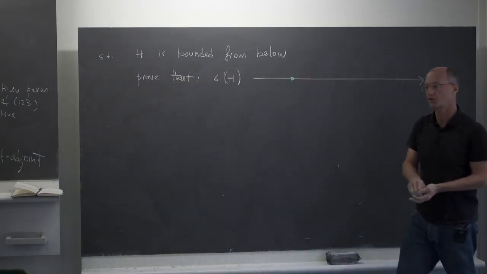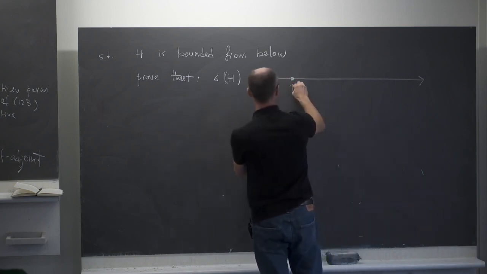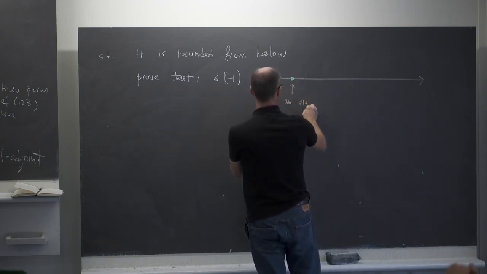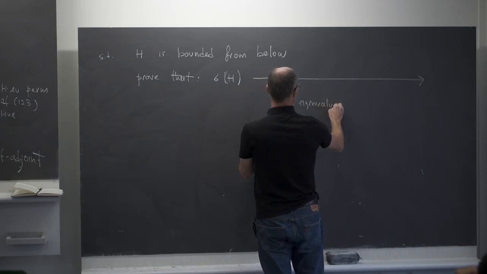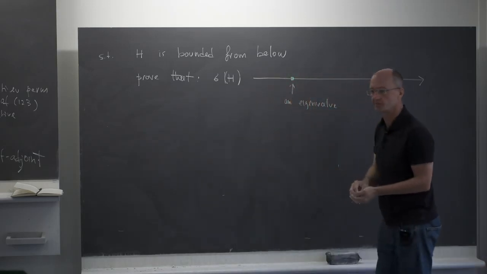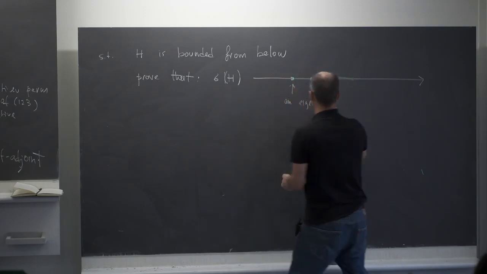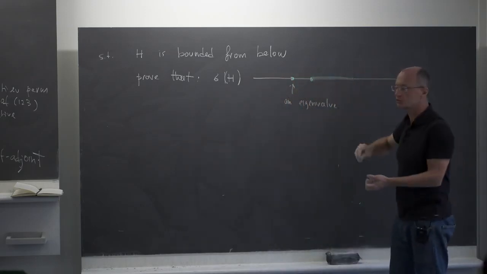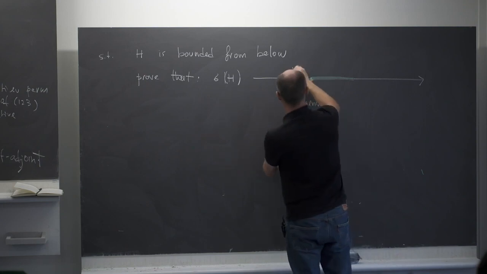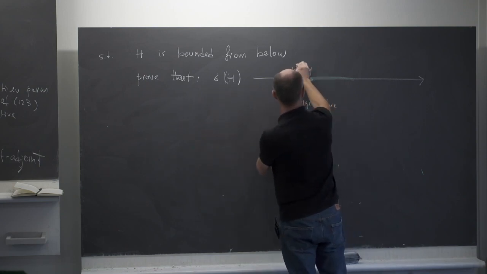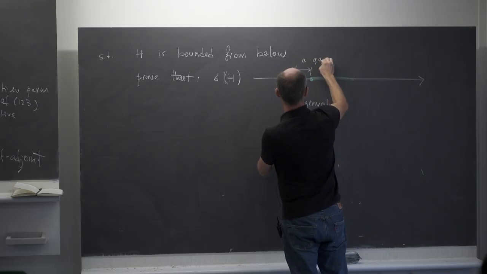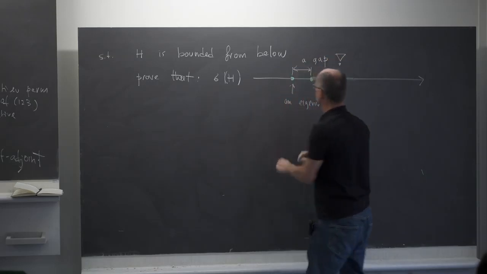So the leftmost point is an eigenvalue. And then there is possibly a continuous spectrum to the right, but there is a gap in that spectrum.